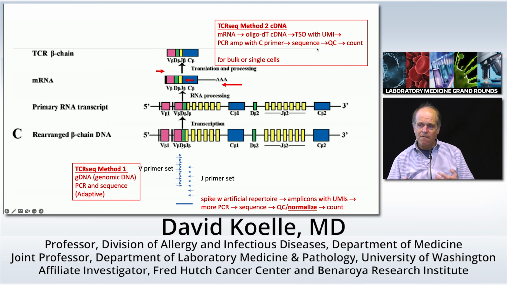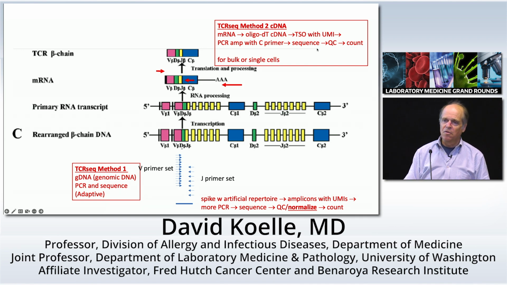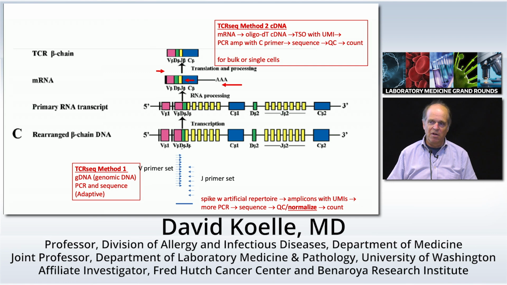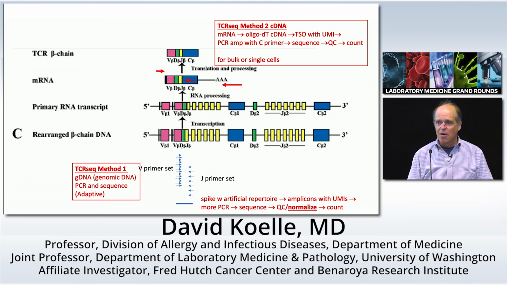So you can get a rough idea of the abundance of your different sequences in this sample. It depends on how many mRNA molecules there are per cell, and if the cell is really activated and making a lot of TCR, there might be more, and if it's a resting cell, there might be less. So that's one of the downsides of the cDNA approach.